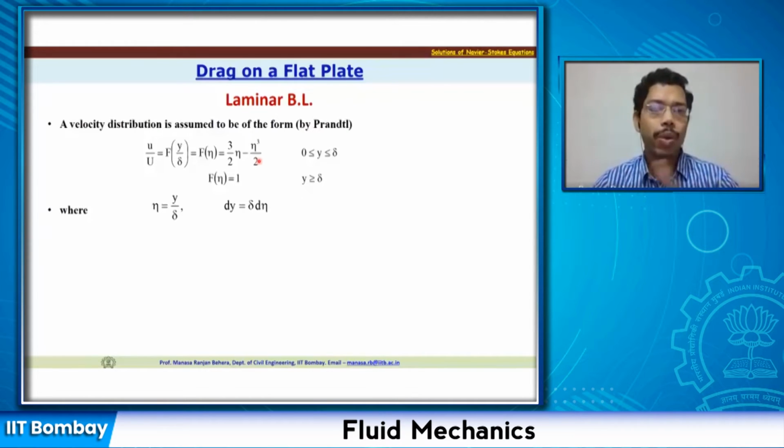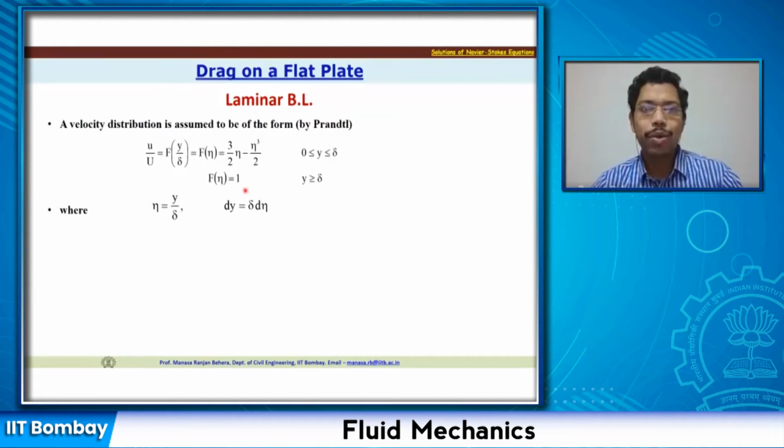So what we are looking at is the expression that was considered by Prandtl. Finally we can see that u by U is equal to 3 by 2 eta minus eta cube by 2. Eta, please remember, is nothing but y by delta. For this, we also could write that f of eta equals 1. Now that is applicable where?